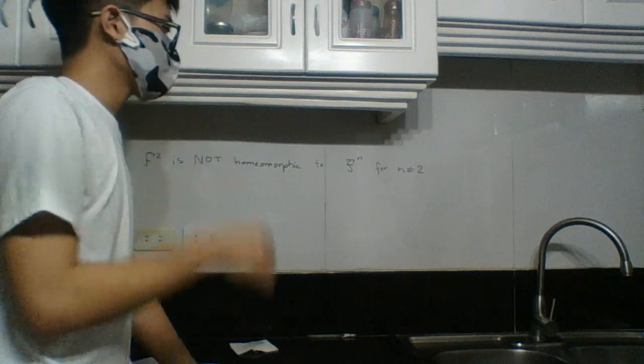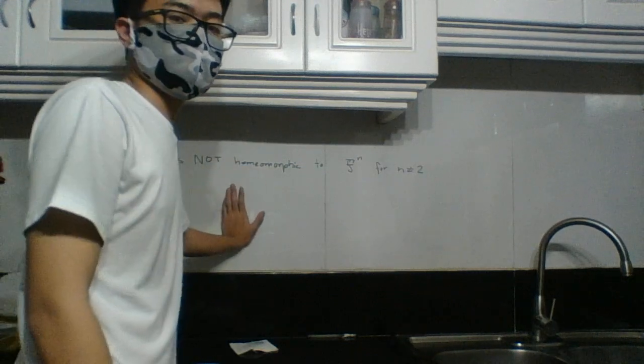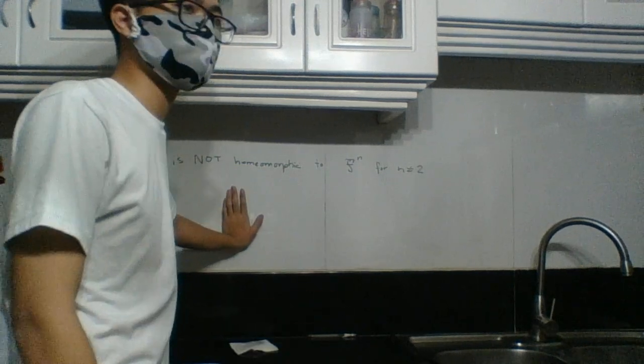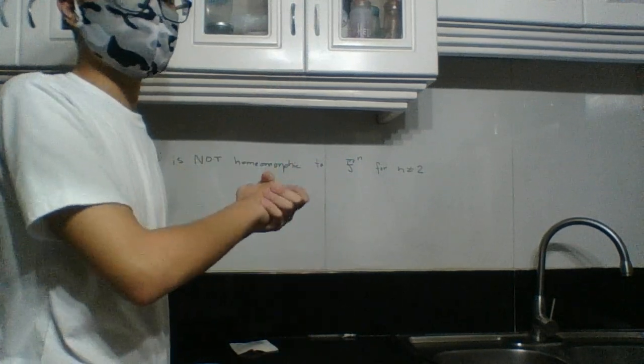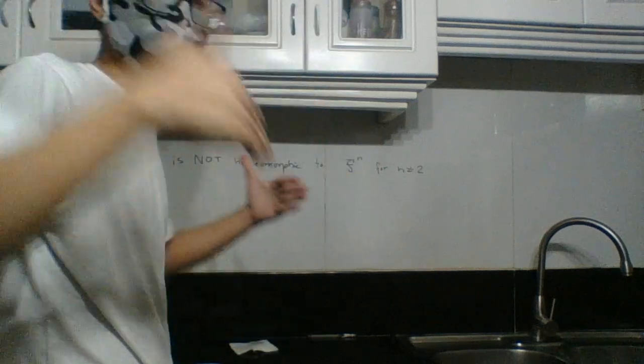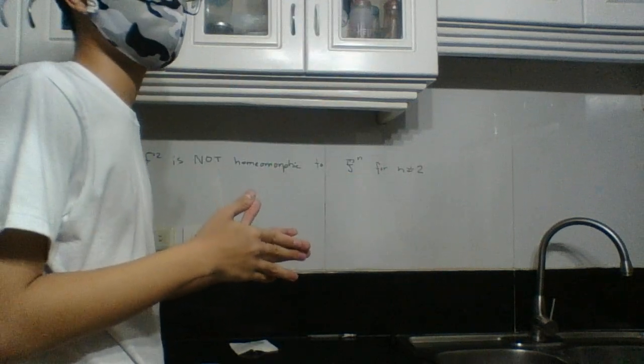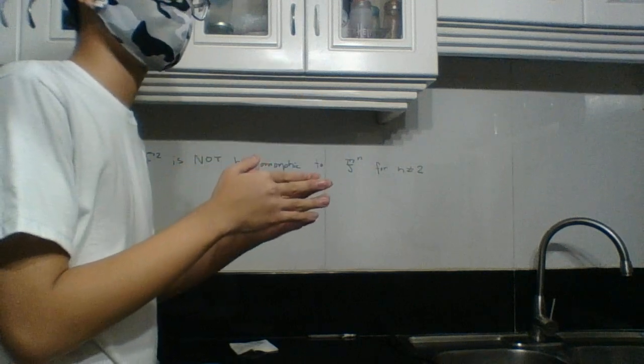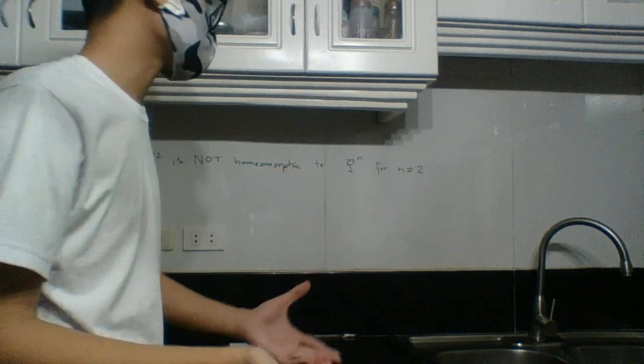Okay? But the homeomorphism over here is bijective and injective, which means that it's not likely that 2 points are going to map onto the same point, right? We don't want it touching itself, and we don't want to lose space.